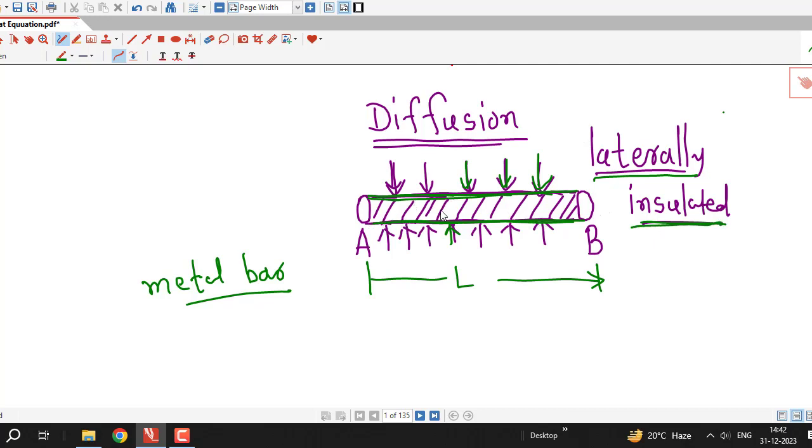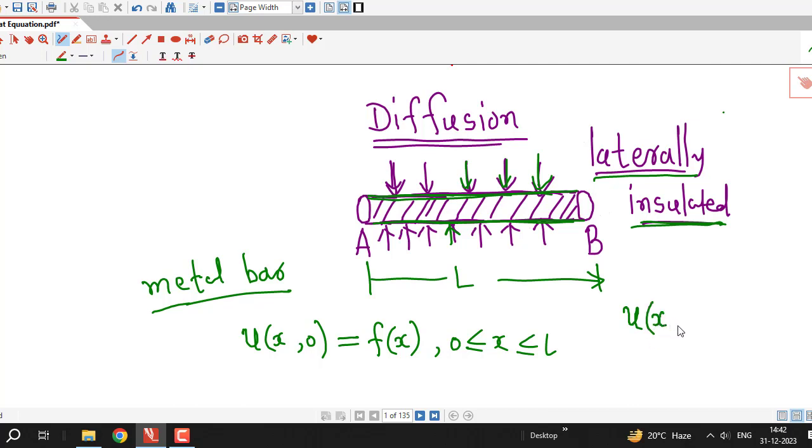Suppose this bar is heated with some initial temperature. Suppose at time t equal to 0, the temperature is some function of x, say f(x), for all values of x in this bar, that is x lies between 0 and L, and we are interested in the temperature distribution at any position x and at any time t.